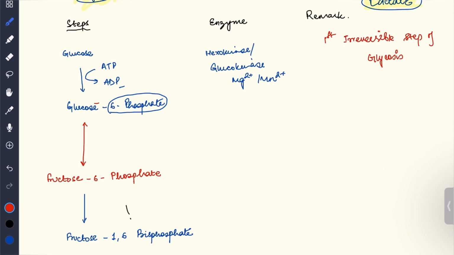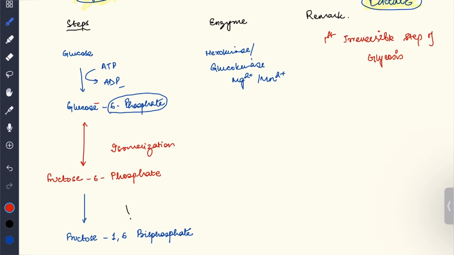This is the first of the lot, the irreversible step of glycolysis. Now the next part is glucose 6 phosphate forming fructose 6 phosphate. How does it form? It is just isomerization. You have studied glucose is an aldose, fructose is a ketose. So an aldose will turn into a ketose.